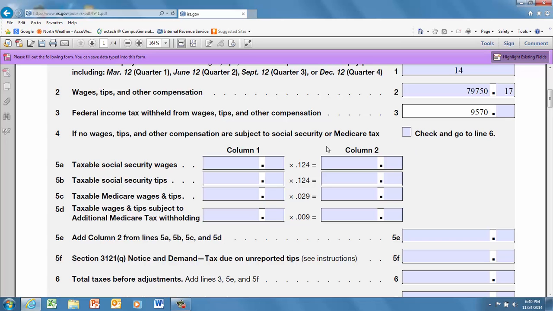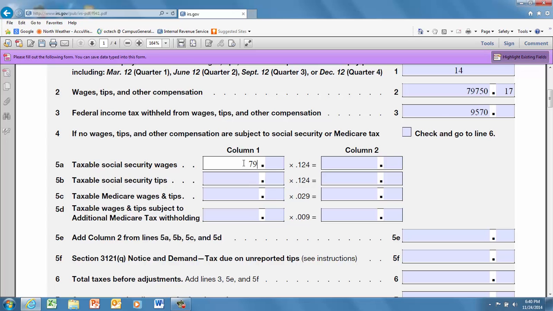And then column 2 is how much is the total tax that belongs to those taxable wages. Now notice that 5A is taxable Social Security wages. And so here, not even one person went over the maximum in this particular company, so all of the wages were subject to Social Security.